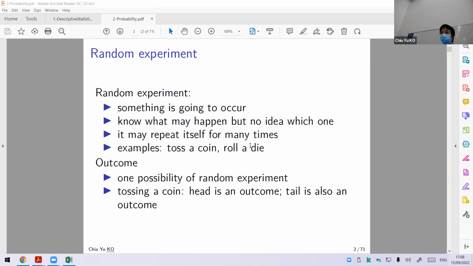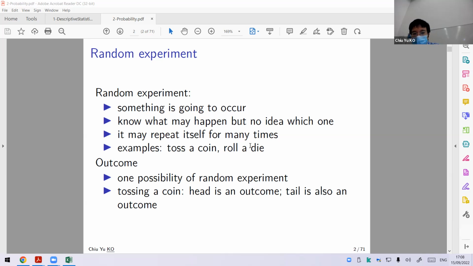To start probability, we have to define what is probability first, okay? And we will start from defining probability based on the classical definition, or what we call the frequentist definition, which we will soon see is the long-run frequency.